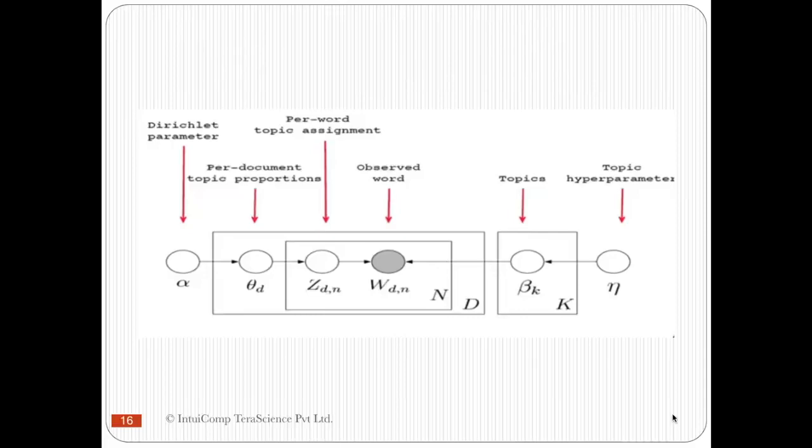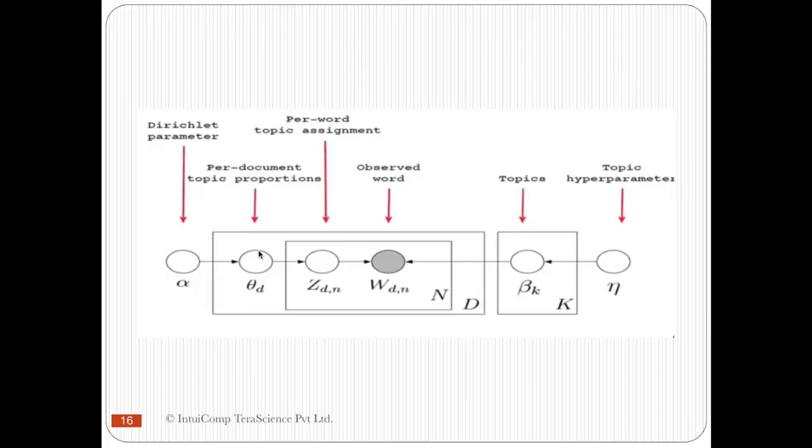So now we have d number of documents with us, and in each document we have the per document topic proportion. What this means is that theta 1 will be the proportion of the topics in document 1, theta 2 will be the proportion of the topics in document 2, and so on and so forth.